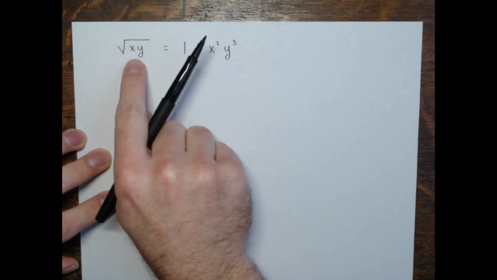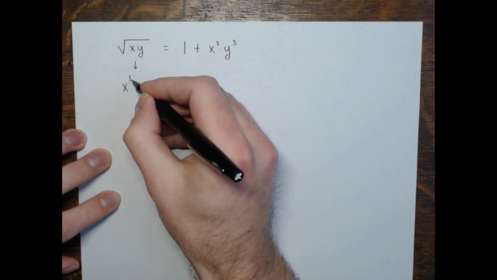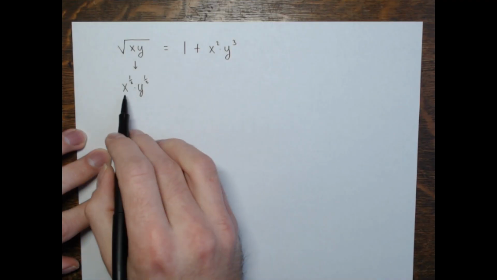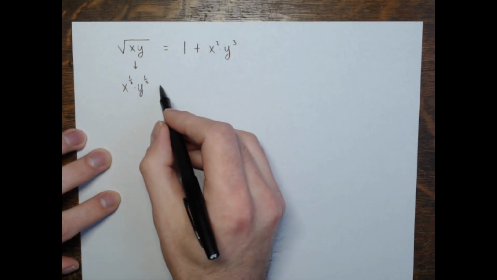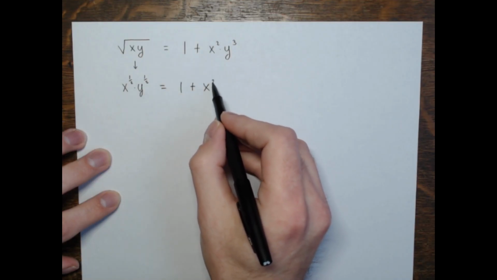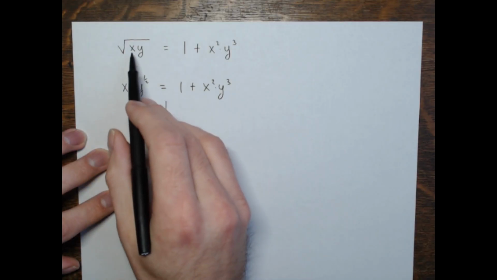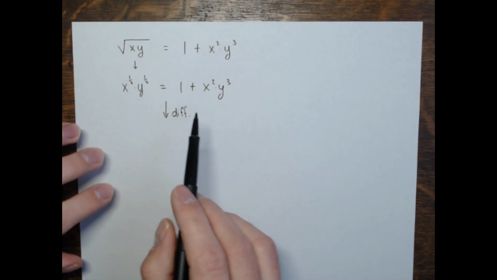All right, so I'm going to write this as x to the half times y to the half. So it's the square root of x times square root of y, and we'll do the product rule over there, and then over here still 1 plus x squared times y cubed. I haven't done the derivative yet, I just rewrote things. Now I'm writing the derivative.